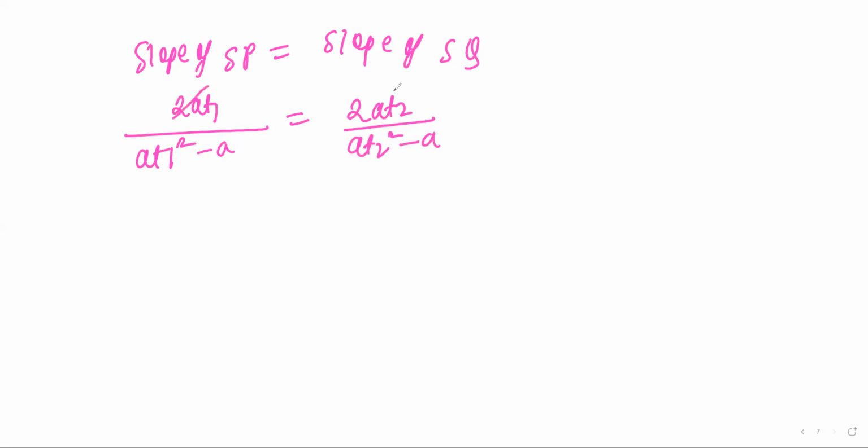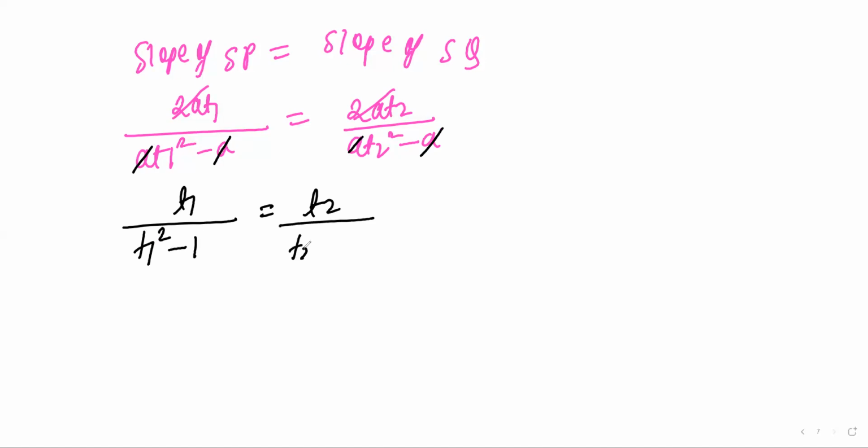So here 2a and 2a will cancel, and a and a also cancel. So it is T1 upon T1 square minus 1, a and a also cancel after taking the common. So it is equal to T2 divided by T2 square minus 1.